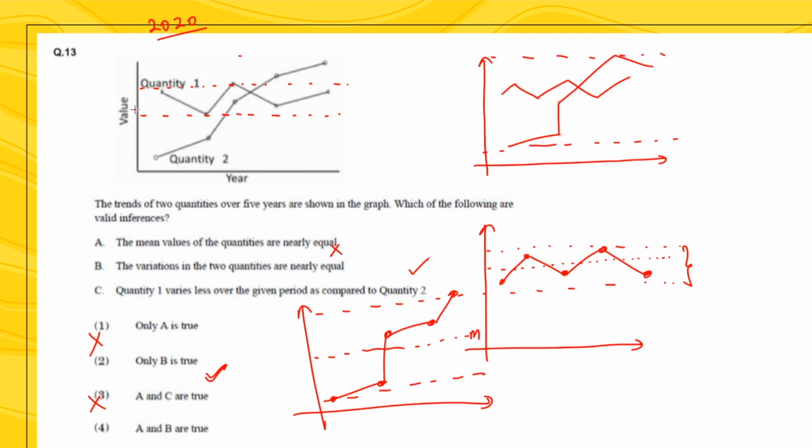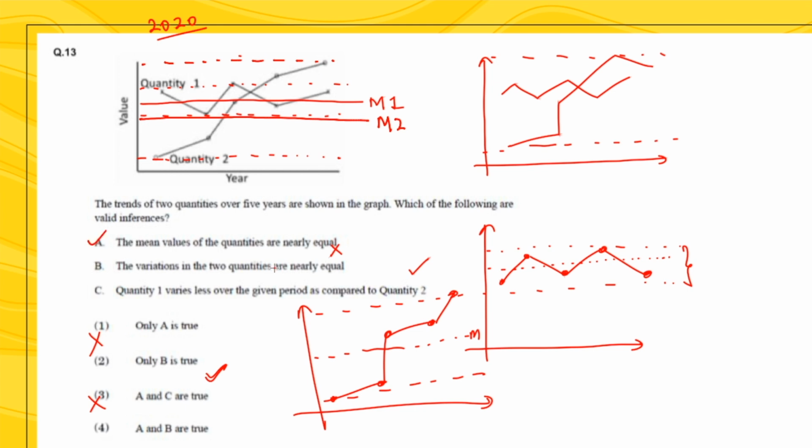Yeah, this is the mean line for quantity 1. I'm calling it m1, meaning first mean, whereas the second quantity is varying between these 2 points or these 2 quantities. So its mean should pass through the center, which is going to go like this. So this will be m2. It says that the mean values of the quantities are nearly equal. Yes, they are quite near to each other.